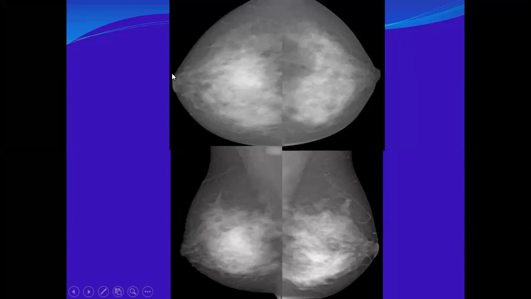There is thickening in the right nipple. Even in the MLO here, there is some thickening around the nipple area, the areolar region. There is subtle edema, and there is a part of density here. This case was invasive cancer of the right breast, presenting as asymmetry.